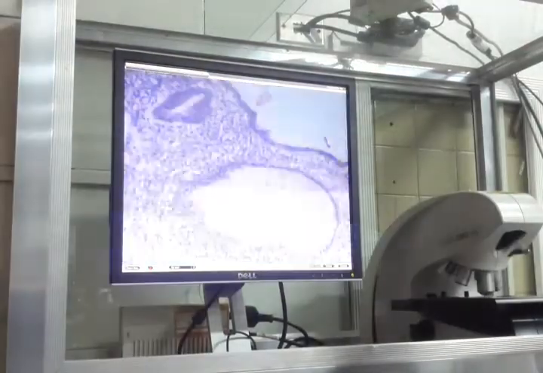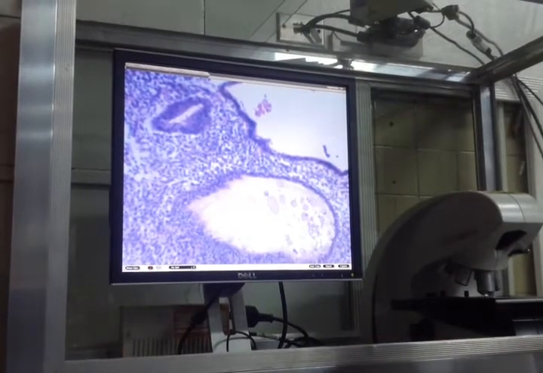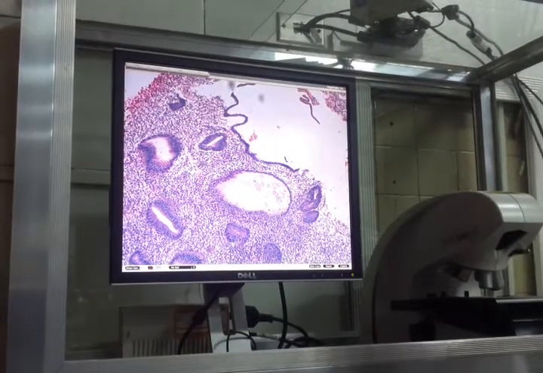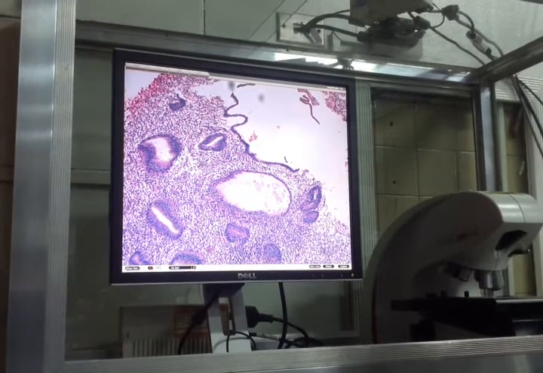Okay? A cystically dilated gland, endometrial gland. You must recognize it as an endometrial gland together with the endometrial stroma, and you must see the cystic dilatation of the gland.